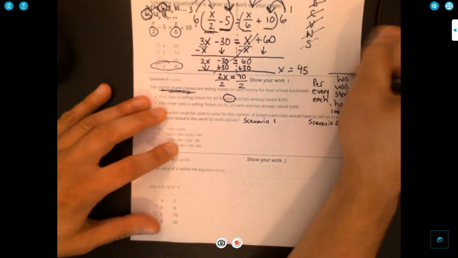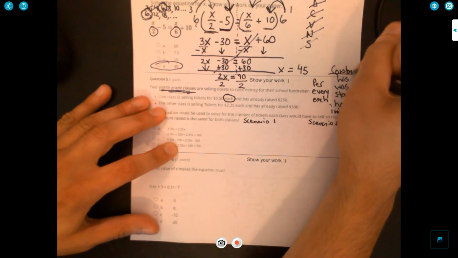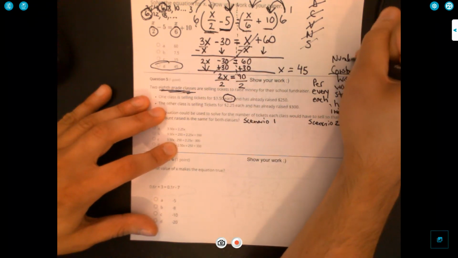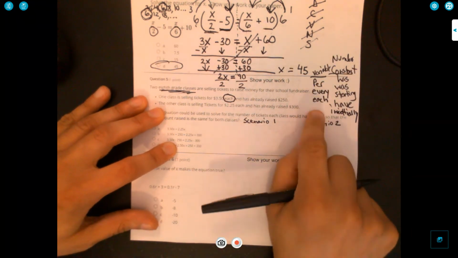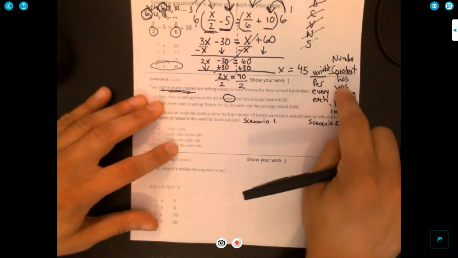So these are our words for our constant, or a number on its own, and these are our variable keywords.